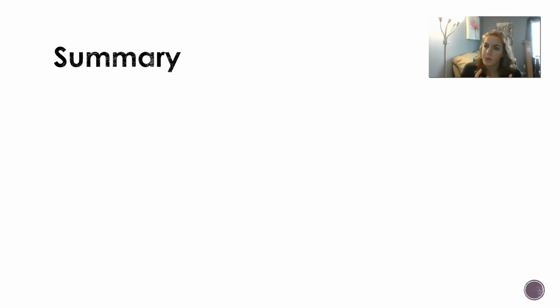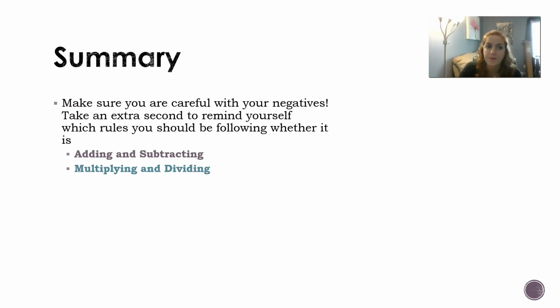Let's go through and just summarize the whole thing and make sure we're tying these ideas together. So make sure you're careful with your negatives. This is the number one problem I do see as I go through our class together. Take an extra second, slow down, go through, make sure you're doing that positive and negative as well.